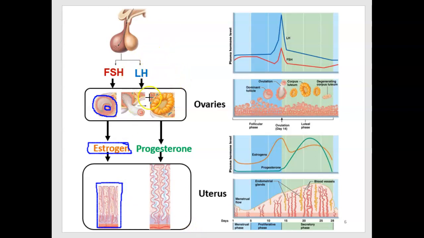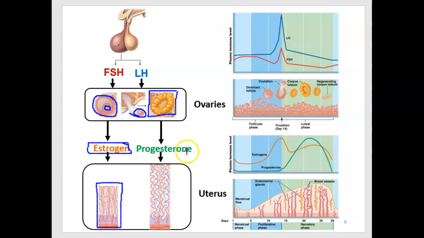LH, in contrast, will help with ovulation of the oocyte, or rupture of the follicle, and then transform the follicle into this structure called the corpus luteum, which you may remember looks yellow because of the lipid that it makes.